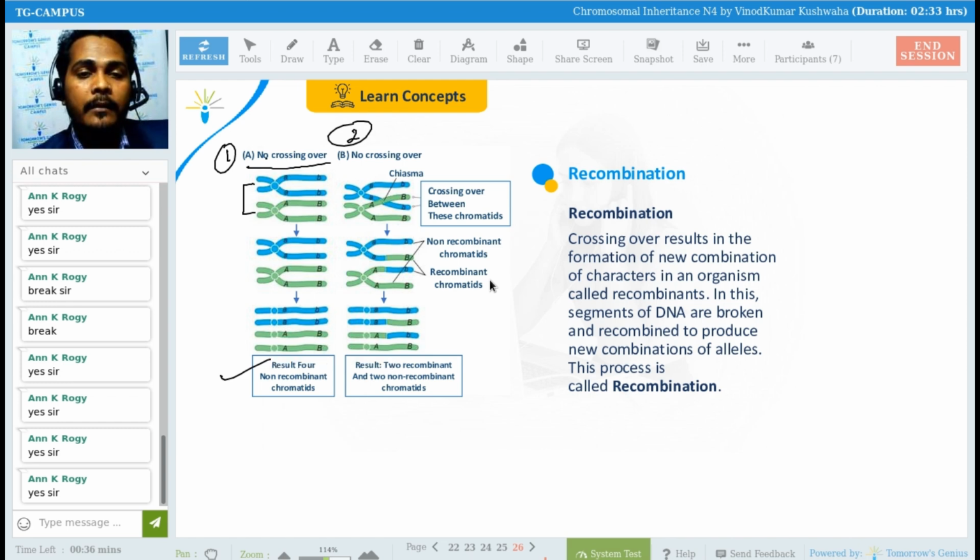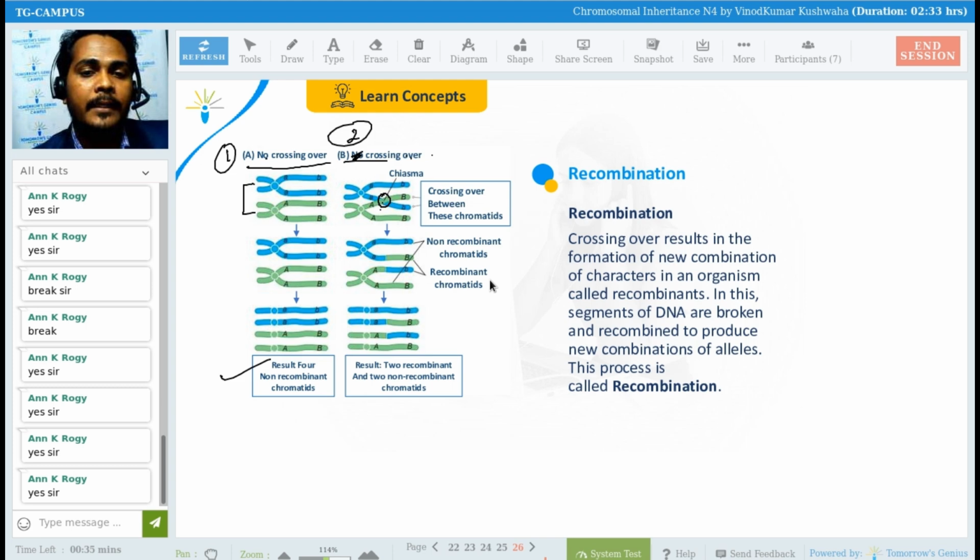And in the second diagram, if there is crossing over, there is a chiasma formation. With the help of this, the chromatids change.